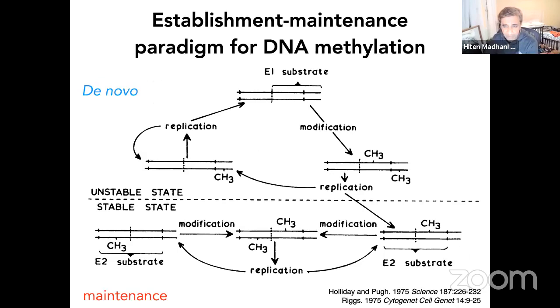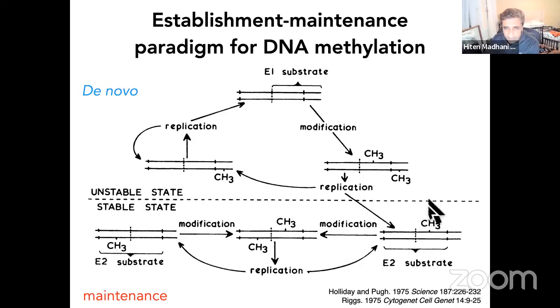The hypothesis put forth by Holliday and Pugh and also Art Riggs was that there would be two types of enzymes that do DNA methylation in eukaryotes. One that they called de novo, which would be able to modify unmodified DNA. So regular old DNA could be modified by methylation, perhaps on both strands, but then due to DNA replication, it would be diluted out once the de novo enzyme had faded from the scene.